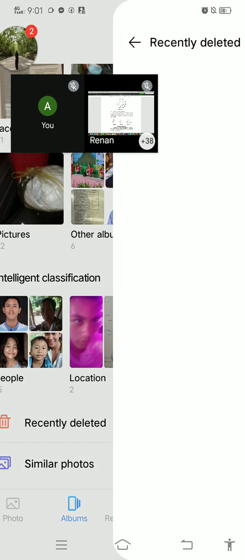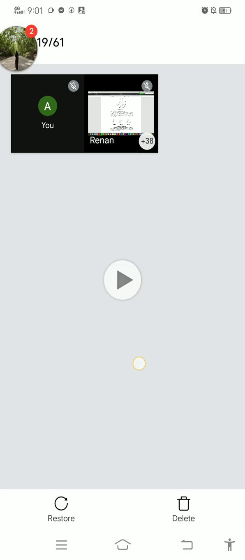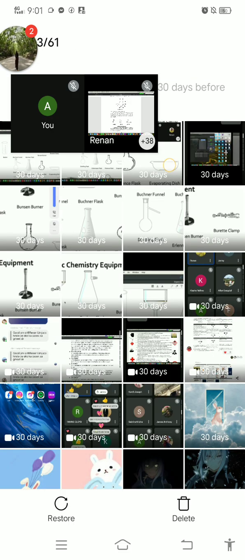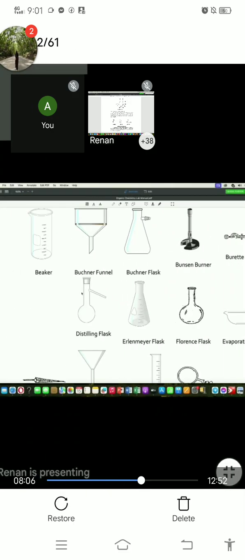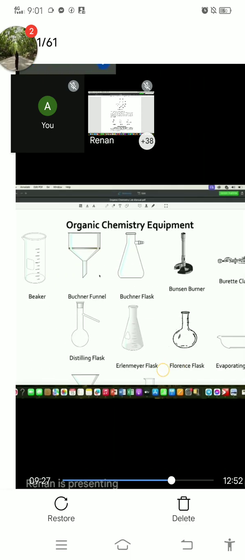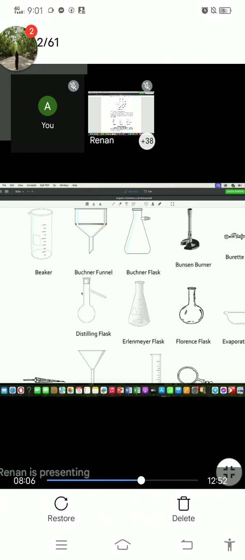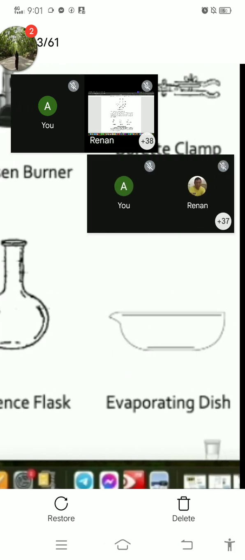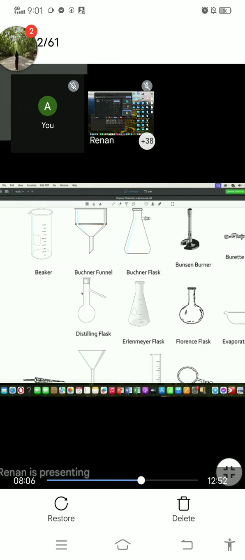So in 1865, August Kekule proposed a structure, and the structure is this one. This is now the structure. Because benzene is C6H6.